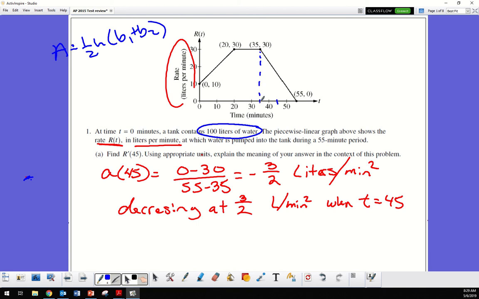Yes. Okay, watch this. So how far is it from here to here? 20, right? That's 20. So halfway is going to be 10, right? So 35 plus 10 is 45. Okay, so halfway from here to here, right? So isn't it going to be half of the other one too?